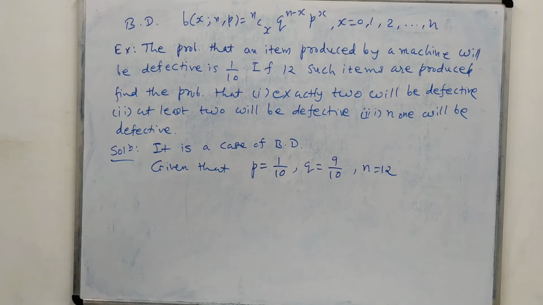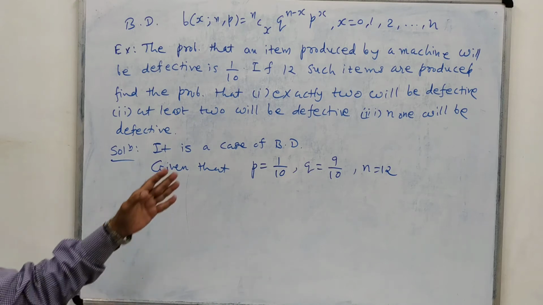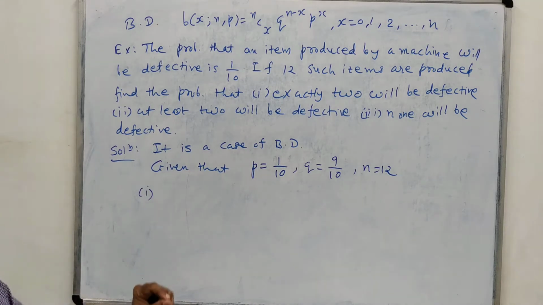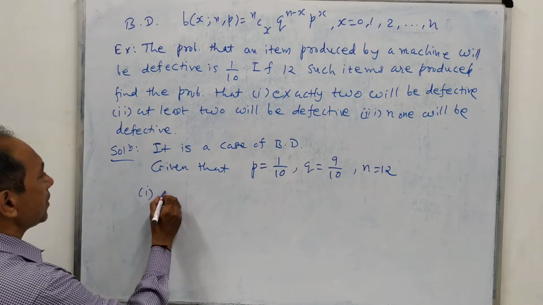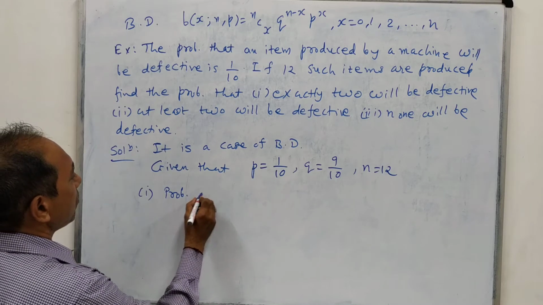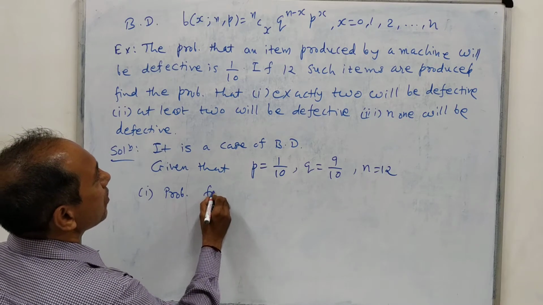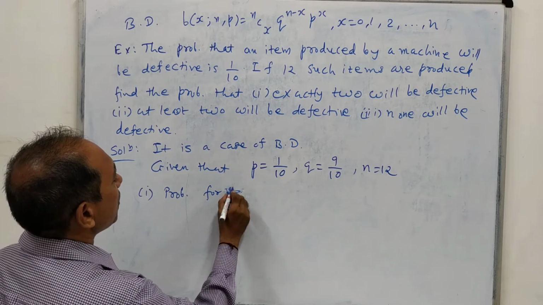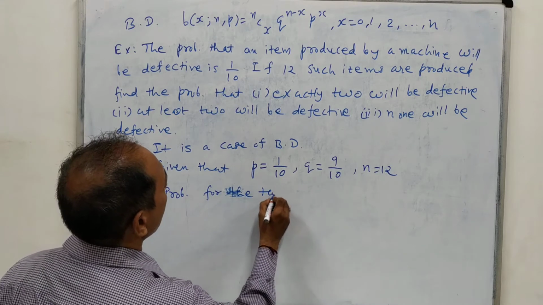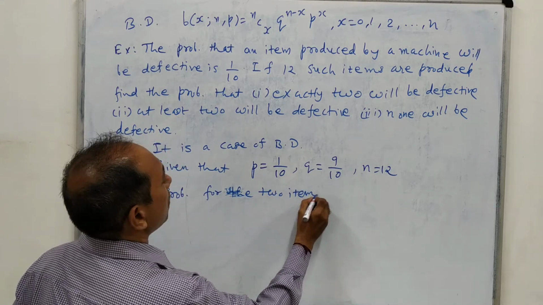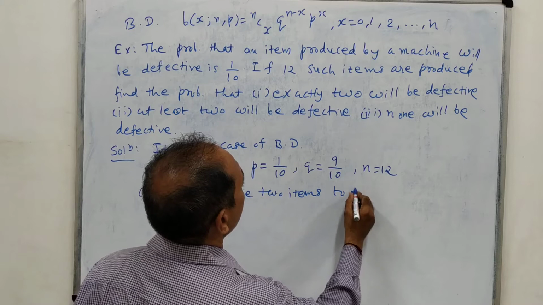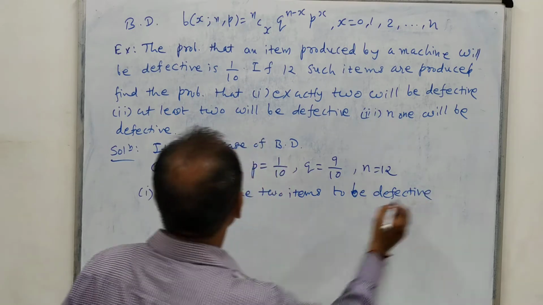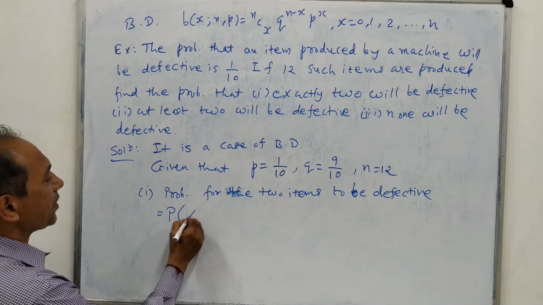Now, what do we want to find? We want to find here that in the first case, exactly 2 will be defective. Exactly. That means the probability for the two items to be defective is equal to probability of capital X equal to 2.